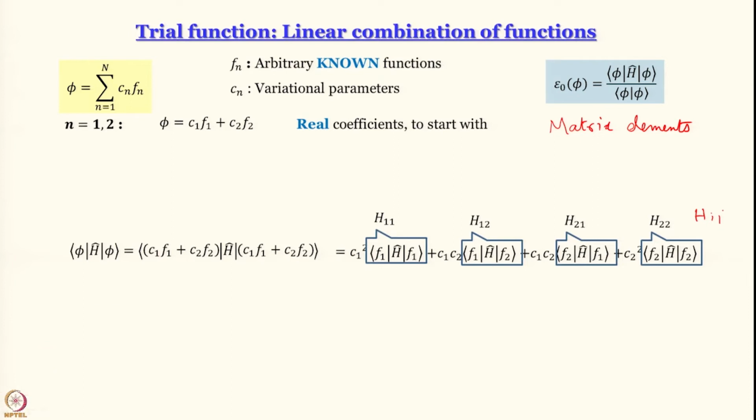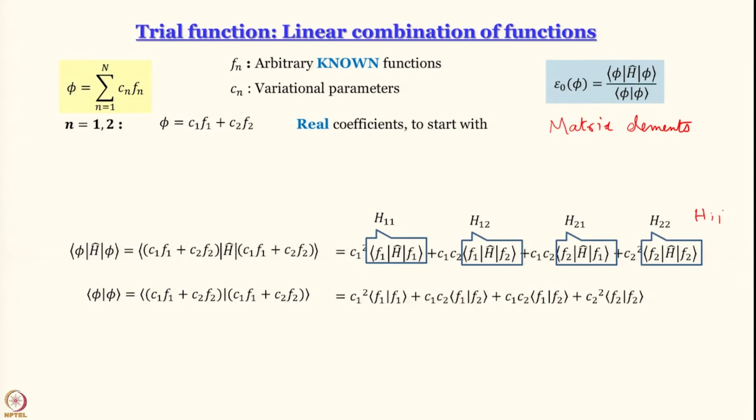Okay. So, now let us quickly write an expression for integral phi star phi d tau. Again substitute C1 F1 plus C2 F2 for phi in both bra and ket vector, open them up, this is what you get. Once again you have C1 square multiplied by integral F1 star F1, which we call S11.